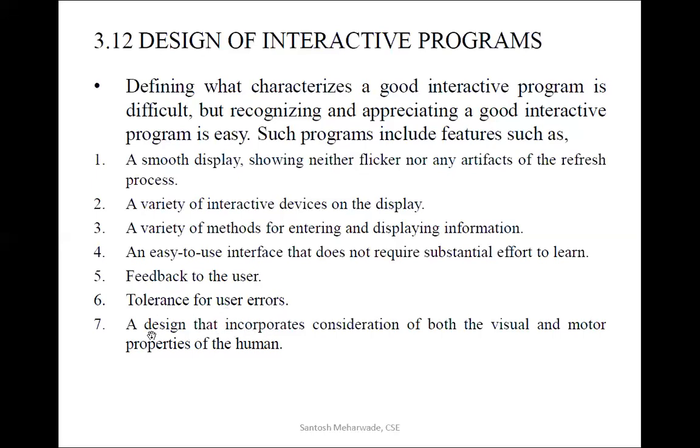And next, the design that incorporates the consideration of both visual and motor properties of the human. Visual properties of the human means as the human perceives the image, in the same sense our camera or our program should also perceive. Motor properties means as the human can change his hand and leg positions, he can turn his legs and hands; motor means movement.